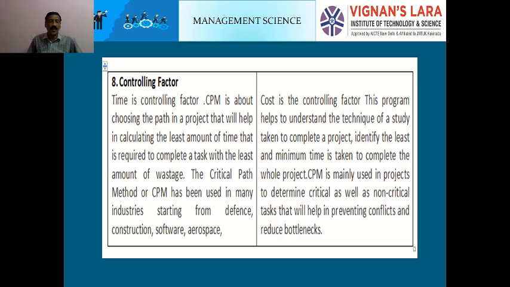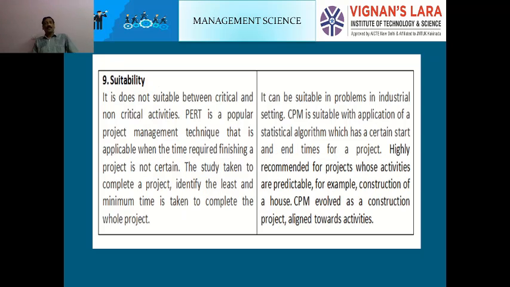That is, the critical path method CPM is mainly used in industries, while PERT is used in research-oriented projects. The next difference between PERT and CPM is suitability. PERT is very popular in applied fields, that means the research field, innovative areas, which can be used to estimate the time with reference to a probabilistic model.